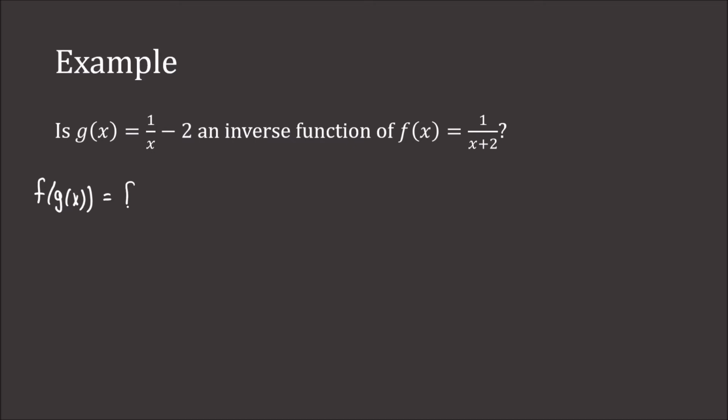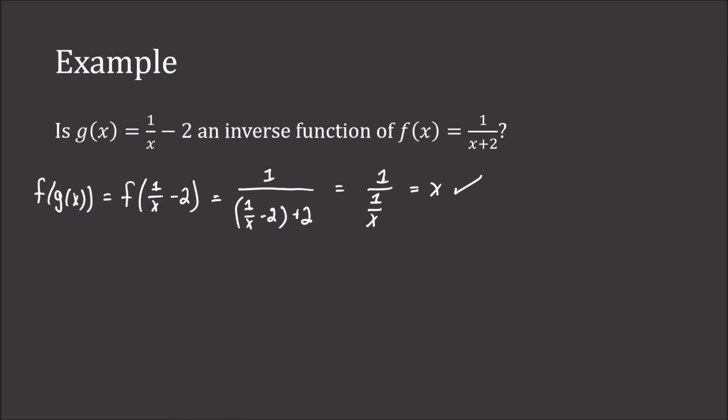Right, so this becomes f of 1 over (x minus 2). So it's 1 over (1 over (x minus 2) plus 2)... Right, so minus 2 plus 2 is 0, so we have 1 over 1 over x, which is just x. So that condition is satisfied.